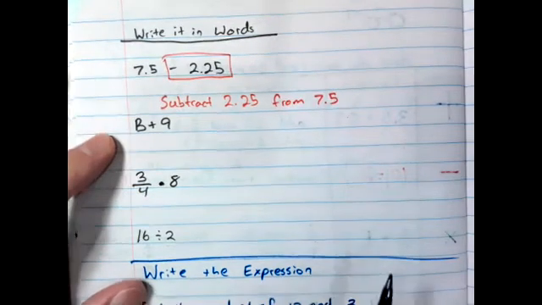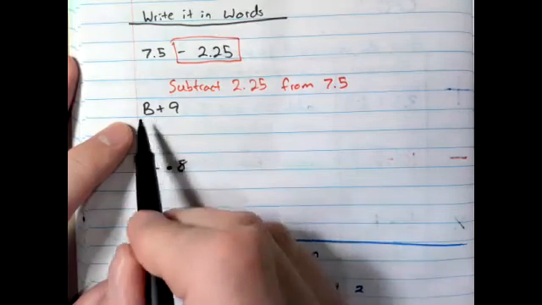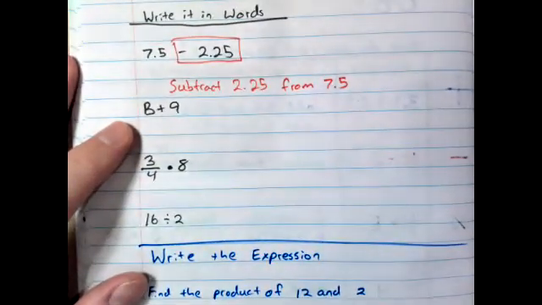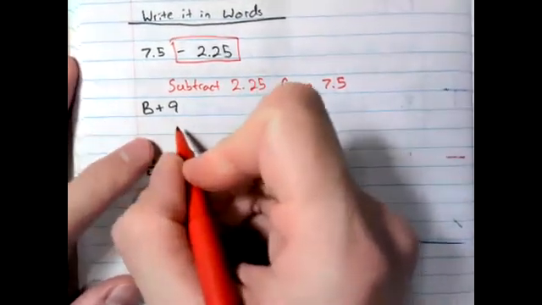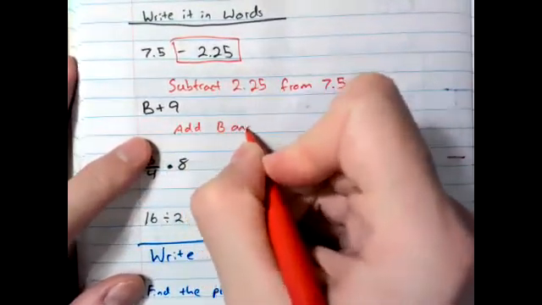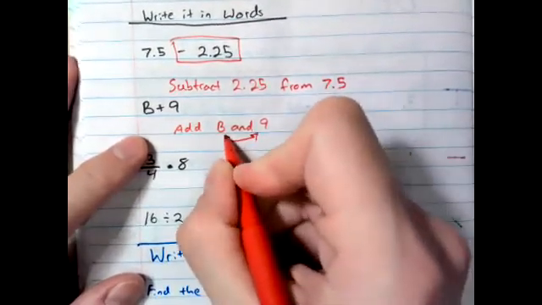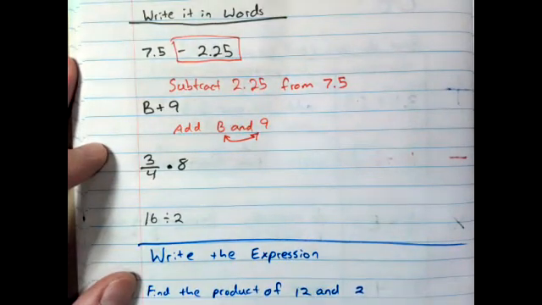All right, next up, let's do an additive expression. Variable addition, b plus 9. How would we write that in words? Again, we could simply say add b and 9, or vice versa, 9 and b. Either one works.